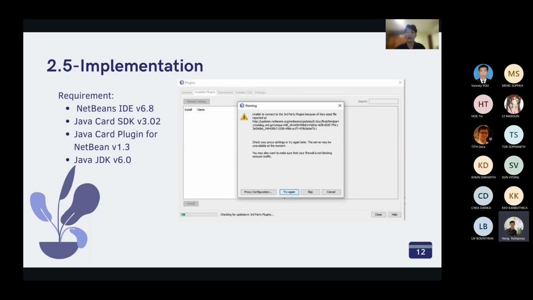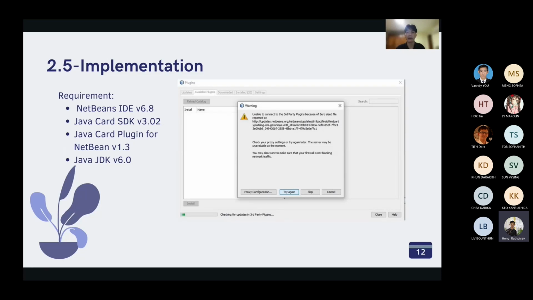After we installed the plugin and the JDK, we got some technical errors, like being unable to connect to the third-party plugin because it is too old. We tried to find a lot of solutions, but we still could not get it working. By the way, we have learned a lot about it.